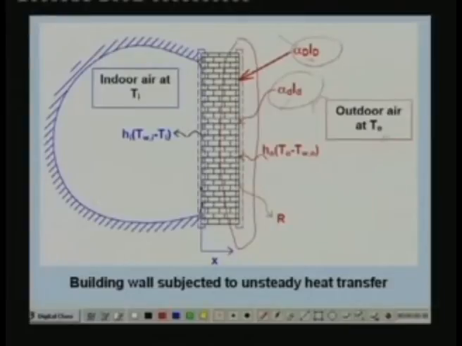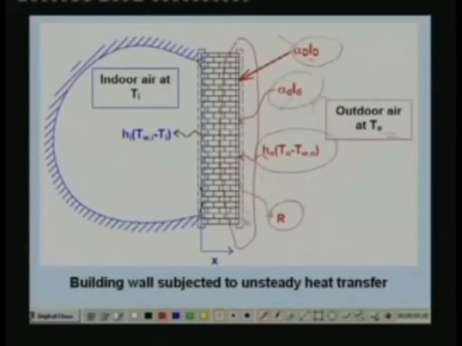Heat transfer also takes place from the outdoor air to the outer surface of the wall by convection. So you also have convective heat transfer, and heat transfer may also take place by long wave radiation, either from the wall to the surrounding surfaces or from the surrounding surfaces to the wall, that is given by this R. These are all the heat transfer rates from the outside to the surface of the wall, and this should be equal to the heat transfer from the surface to the wall.